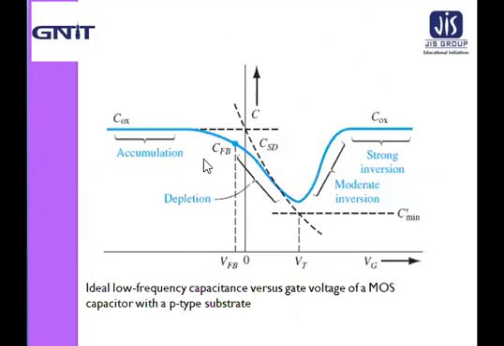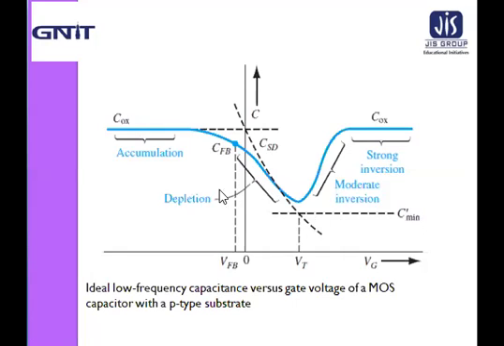Now this figure shows the ideal capacitance versus gate voltage, that is C for capacitance and gate voltage VG, or the CV characteristics of a MOS capacitor with a P type substrate. The three dashed segments correspond to the three components: the oxide capacitance COX, C prime SD, and C prime min.